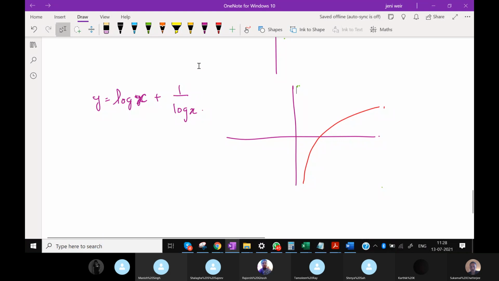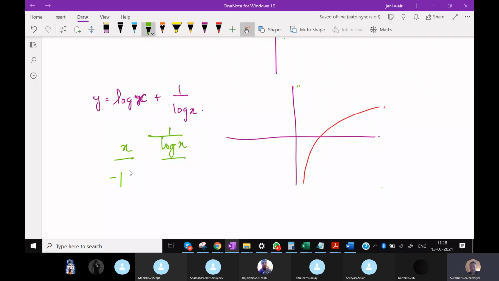Yeah. So if I plot 1 by log x, then x versus 1 by log x will be, when x is minus half, then log x is log of minus half, which is non-existent, right? When x is 1 by 2, log x would be minus log 2.